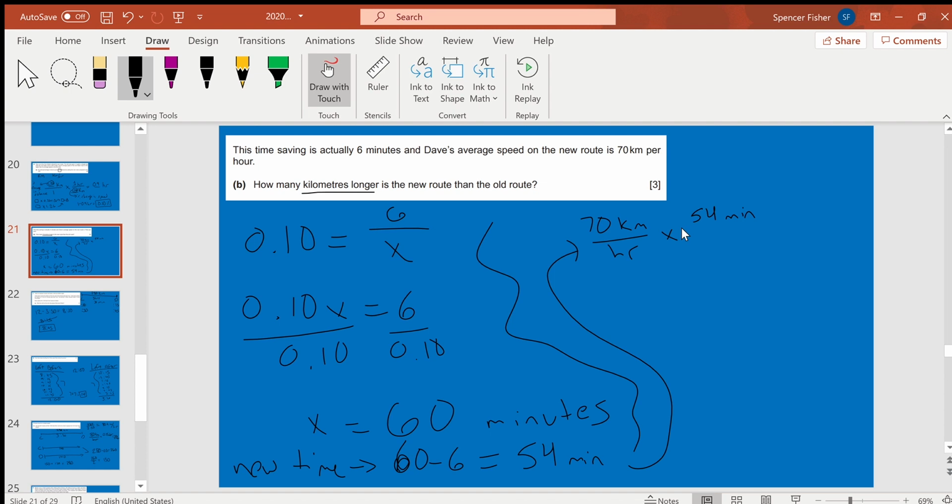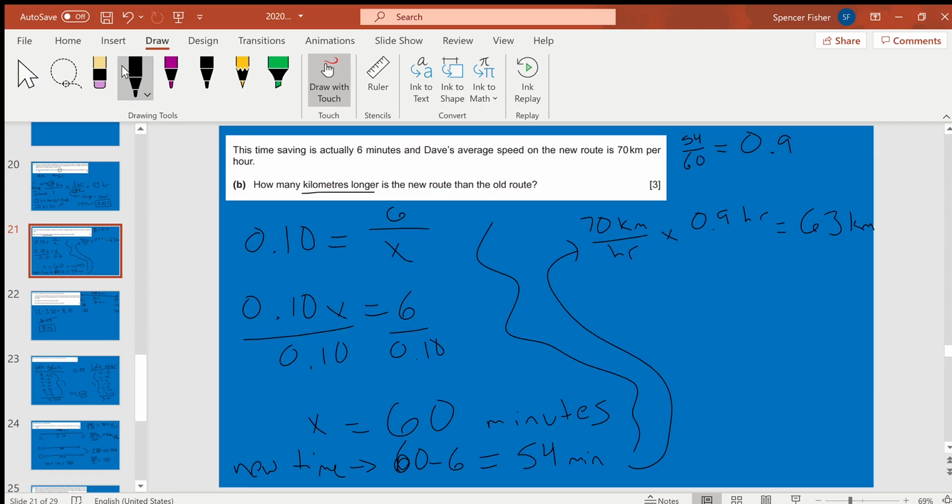So what we can do is take this 54, convert it to hours by dividing by 60 minutes, which is 0.9. So it'll be 70 kilometers times 0.9 hours, which gives us 63 kilometers.